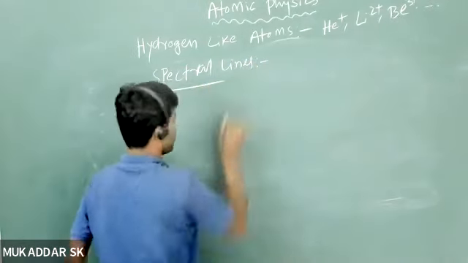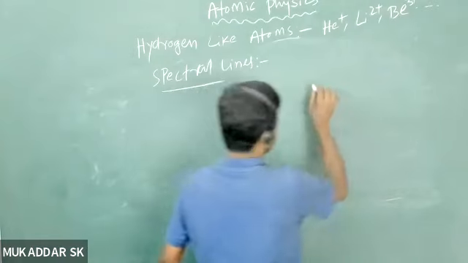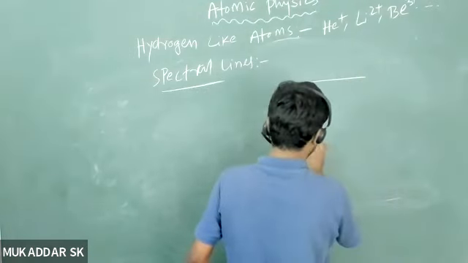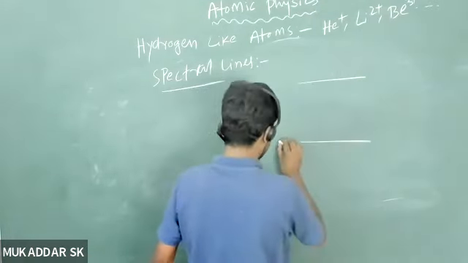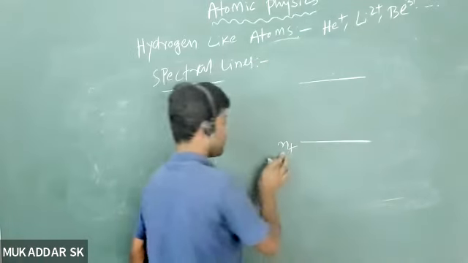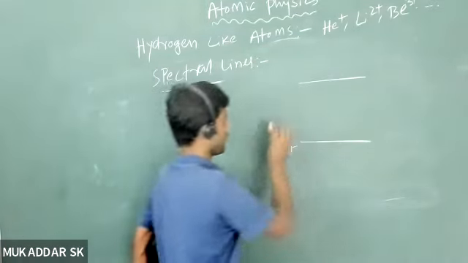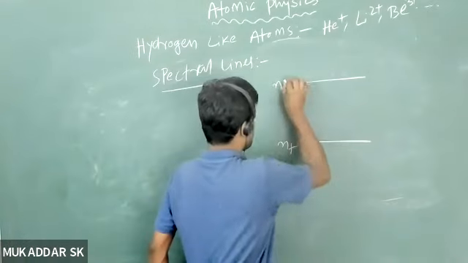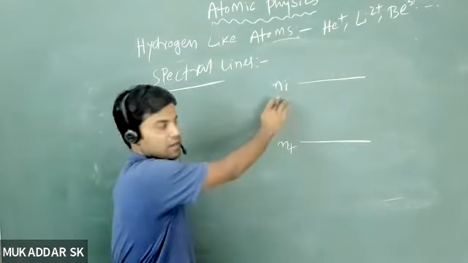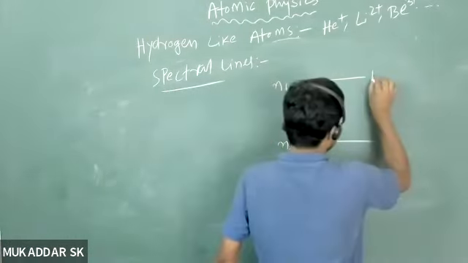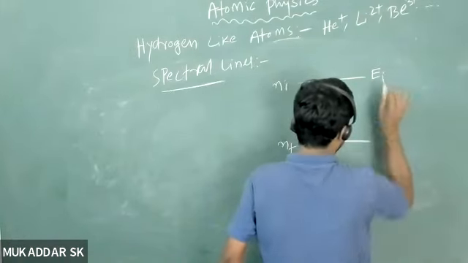In spectral line, what will happen? Suppose let us assume two levels. Suppose NF is the principal quantum number of final state and Ni is the principal quantum number of initial state, and its electronic energy is EI.